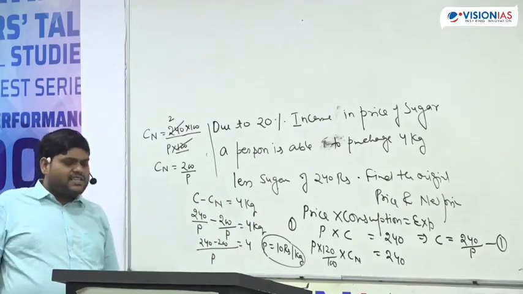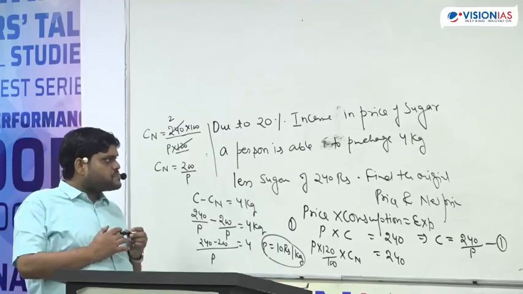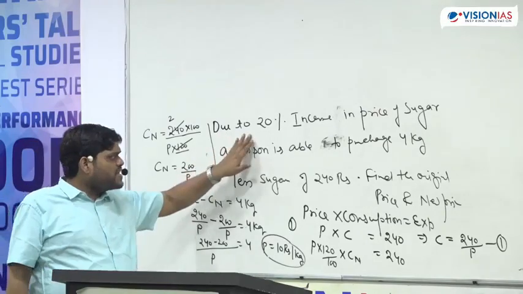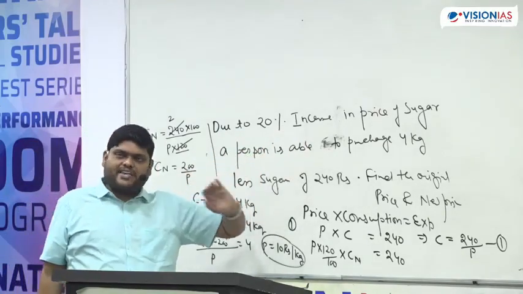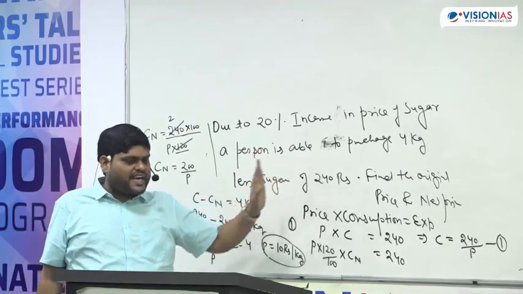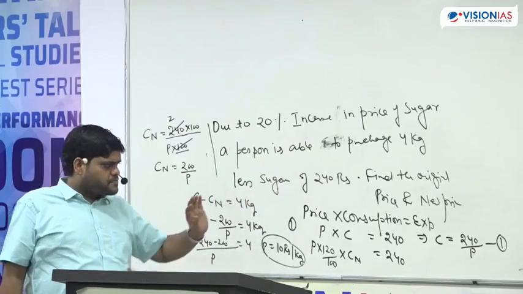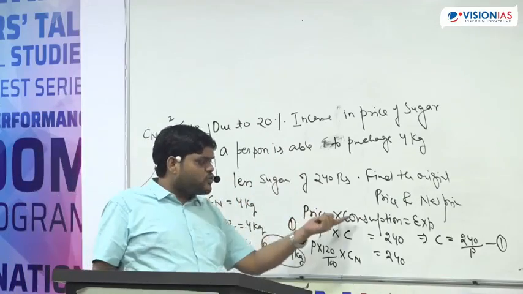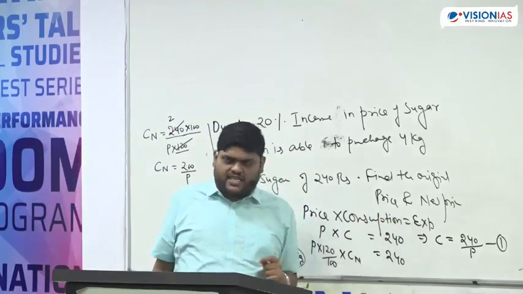I am repeating the whole question. The question is, due to a 20% increase in the price of sugar, a person is able to purchase 4 kg less sugar. I told you, price into consumption is equal to expenditure.